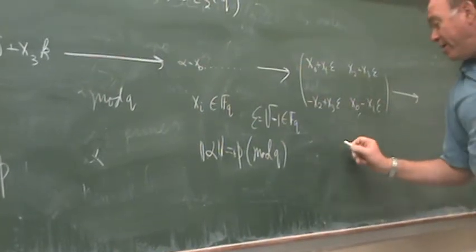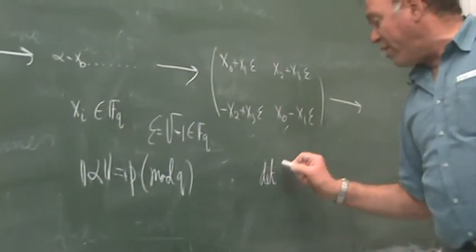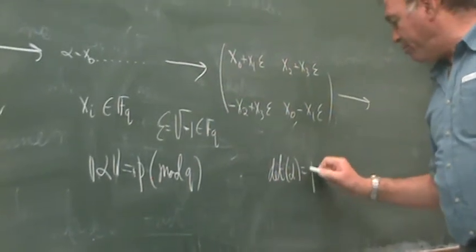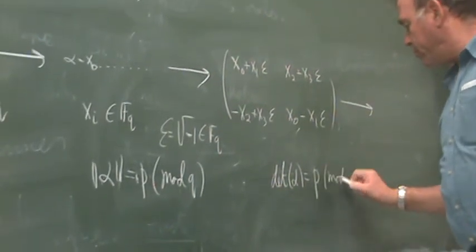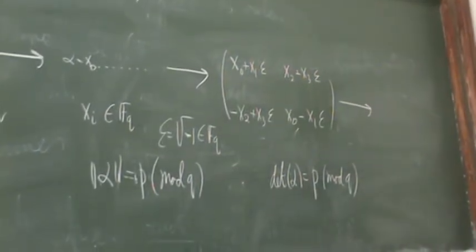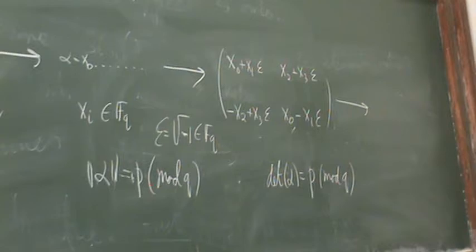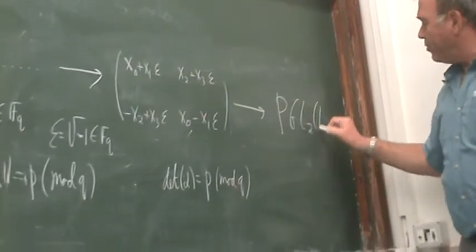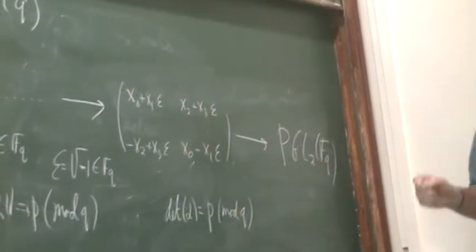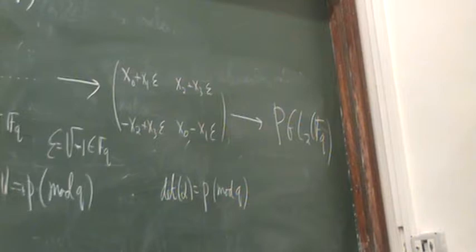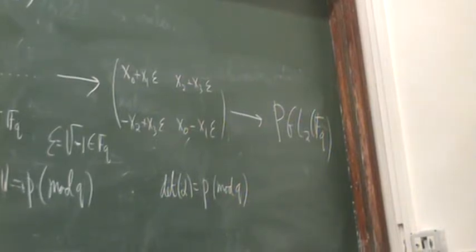And here we get that the determinant of alpha is equal to P mod Q. Okay? And now I'm going to PGL2 FQ. Now, here we are coming to the crucial point. Is the image inside PSL2 or not?